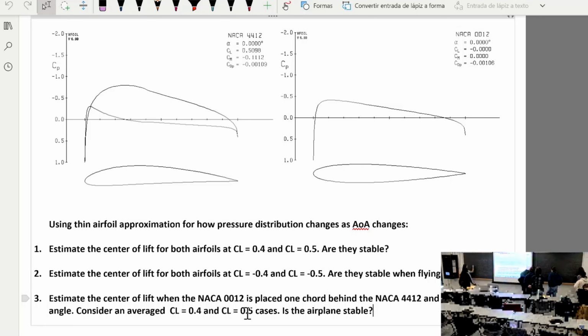So basically CL1 plus CL2, and you have CM1 plus not the CM2, because the CM2 is measured against this point and is 0. So what if you measure the moment of this lift around this point? 2C plus something else. Yeah, so that's actually 2 times CL2, right?